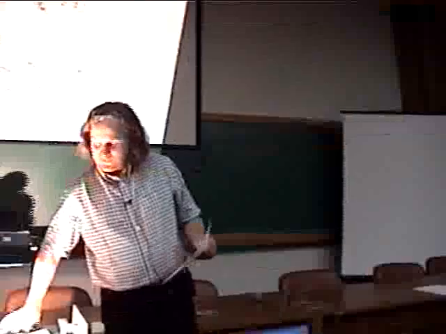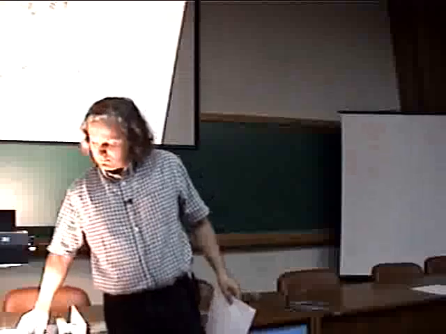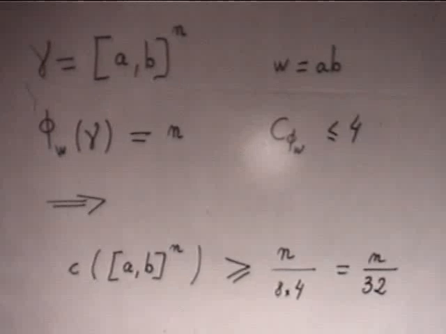Okay, so let's try to apply this trick to our problem, a single commutator. And let us choose the word W is AB. So what's the evaluation of phi W on this single commutator? So it's A, B, A inverse, B inverse, A, B, A inverse, B inverse, and so on. How many times do you see AB?